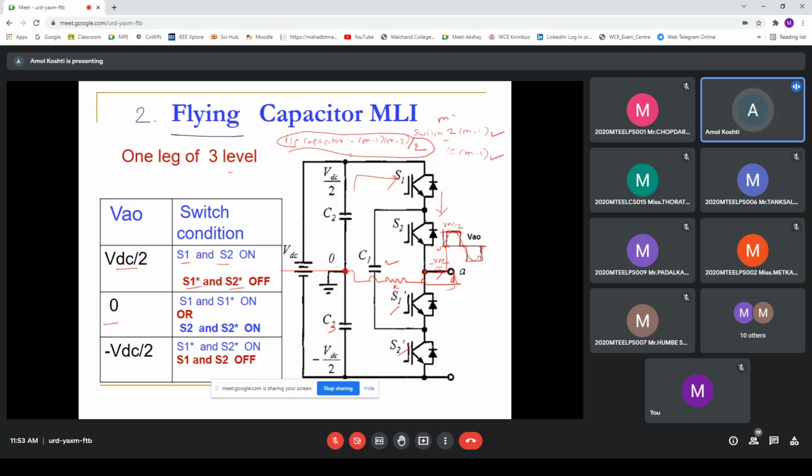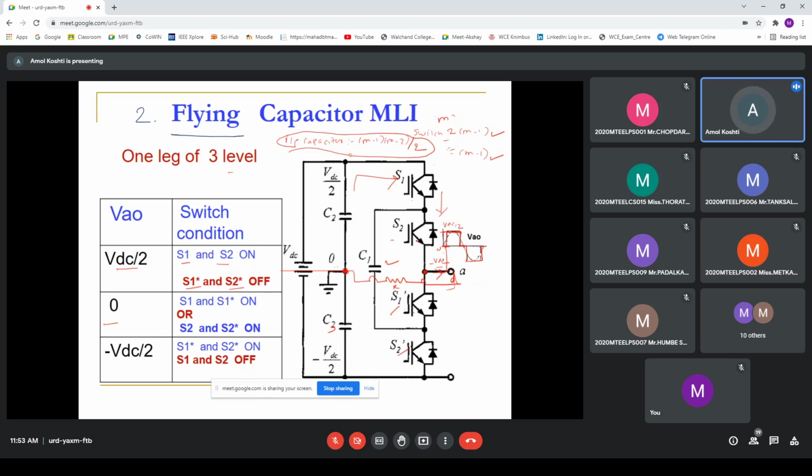Now to produce a 0, S1 and S1 dash, or S2 and S2 dash is turned on. It means one from the upper and one from the lower. If we turn on S1 and S2 dash, then even though S1 is on, no current will flow because S2 is off.